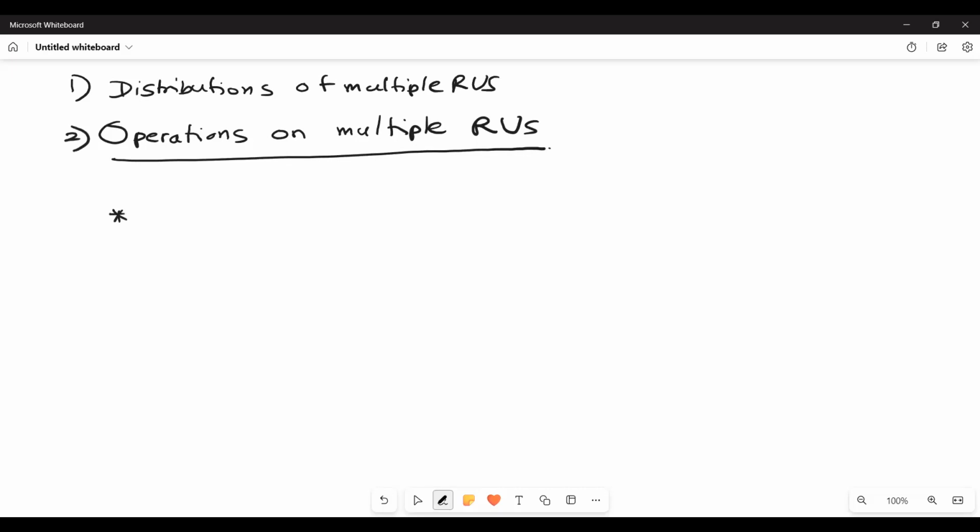variables. So one of the operations is the expectation operation, or taking the average.